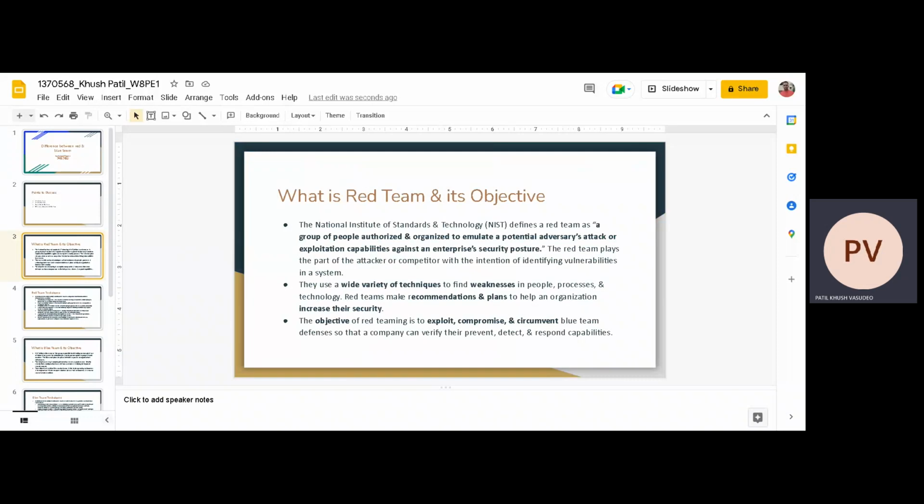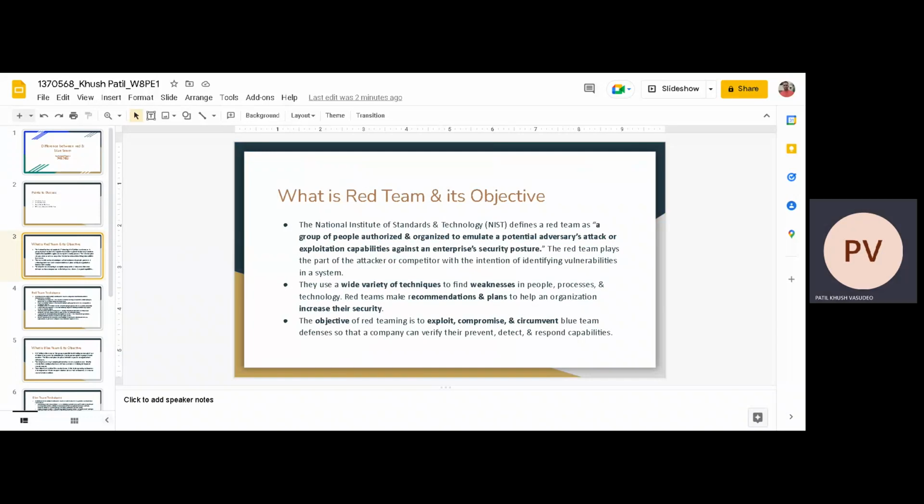Red teaming is defined as a group of people that are authorized and organized to emulate a potential adversary or an enemy attack, or exploit the capabilities against the enterprise security posture. Basically, they play the part of an attacker or competitor with the intention to identify vulnerabilities.